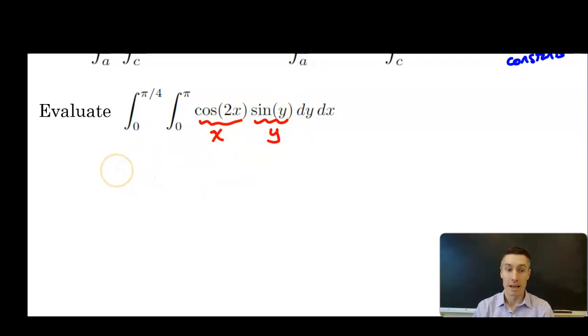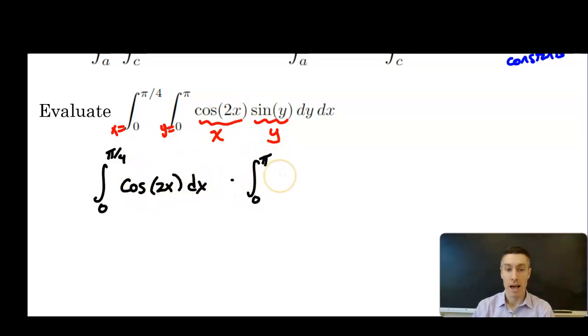So separating them, we'd have the integral from 0 to pi over 4. I'm taking the x bounds, right? Just a reminder, the outer bounds are the x bounds, the inner bounds are the y, of cosine of 2x dx times the integral from 0 to pi sine of y dy.